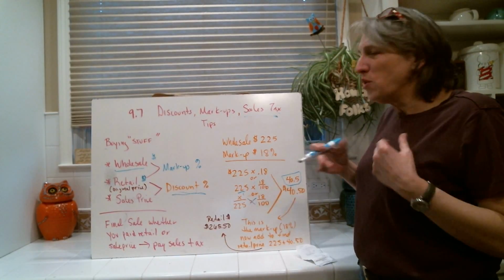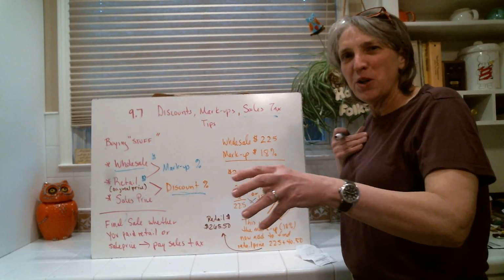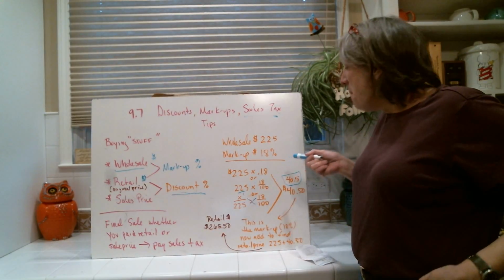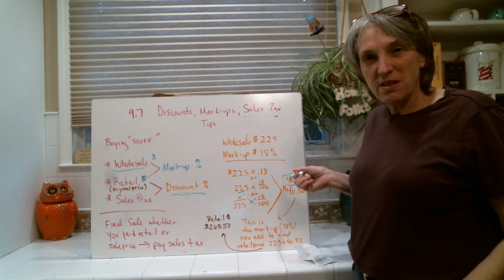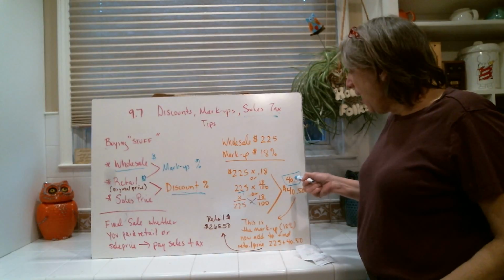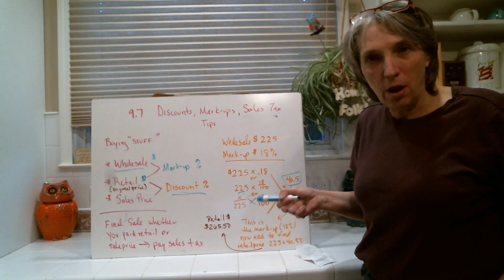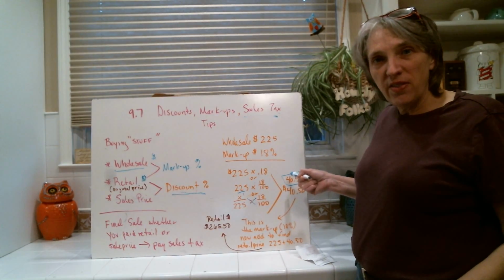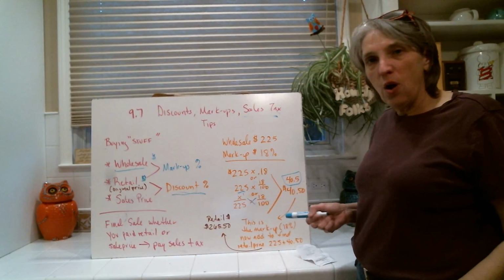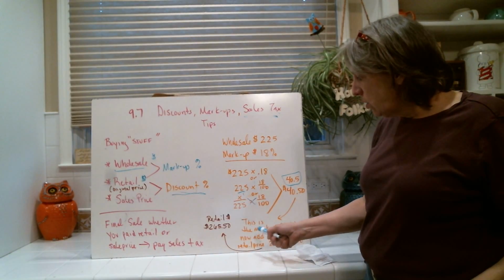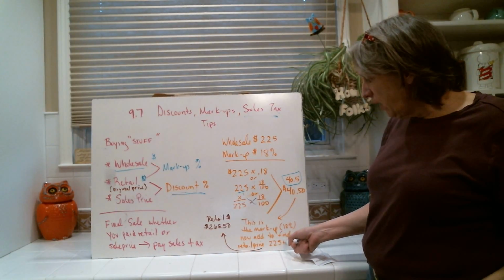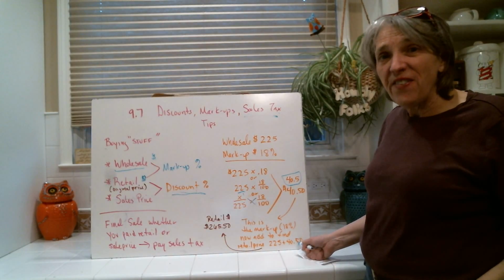But that's not the price you're going to pay. I paid $225 for that to put it on my shelf. I want to make $40.50. So whenever I have a markup, I find that percent, that number, and I add it to the wholesale price. So $225 plus $40.50.